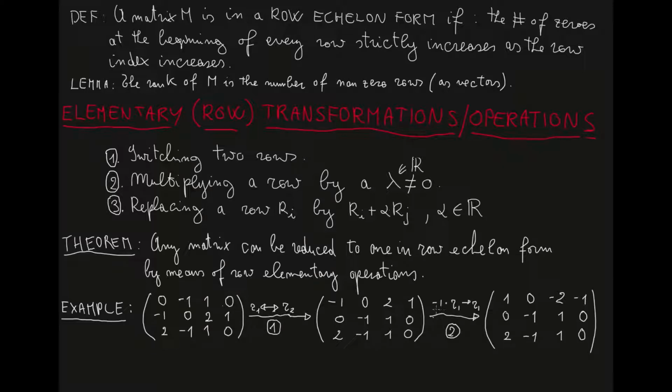Okay, so we do an intermediate step: we multiply the first row by -1. So we take -1 times R1 and we place this new row in row 1. This is an operation of the kind 2.